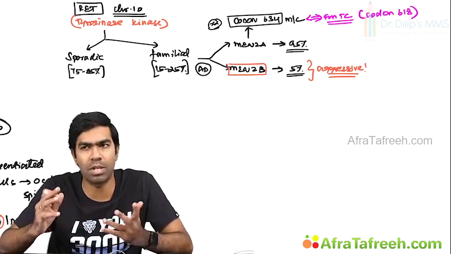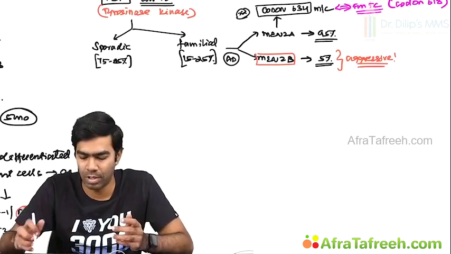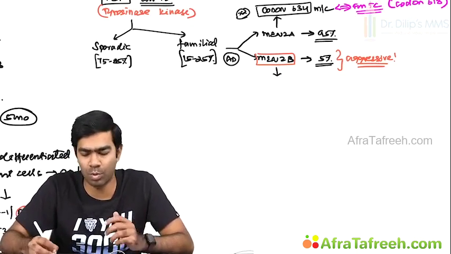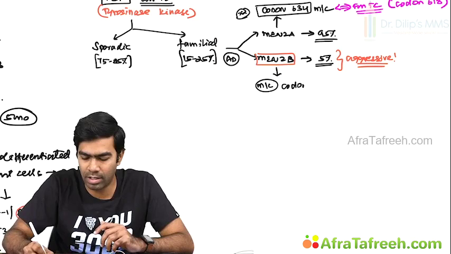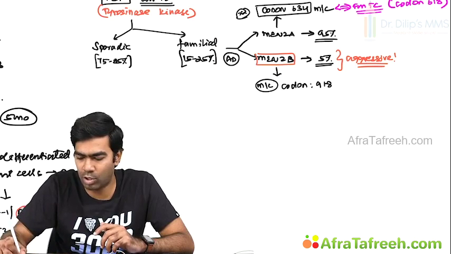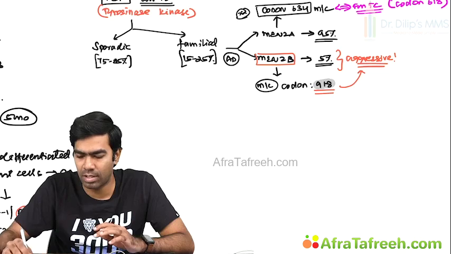Some codons are important because these are the ones that will be asked in exams as well. And MEN2B, you know what is the codon mutation that is very commonly associated? That is the codon 918 mutation. It's not that common, but it is related to the extremely aggressive nature of MTC. So a very, very high risk of MTC.